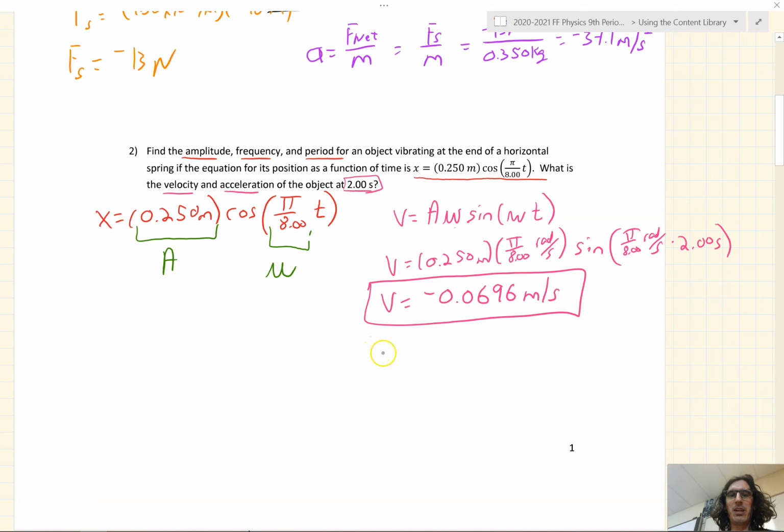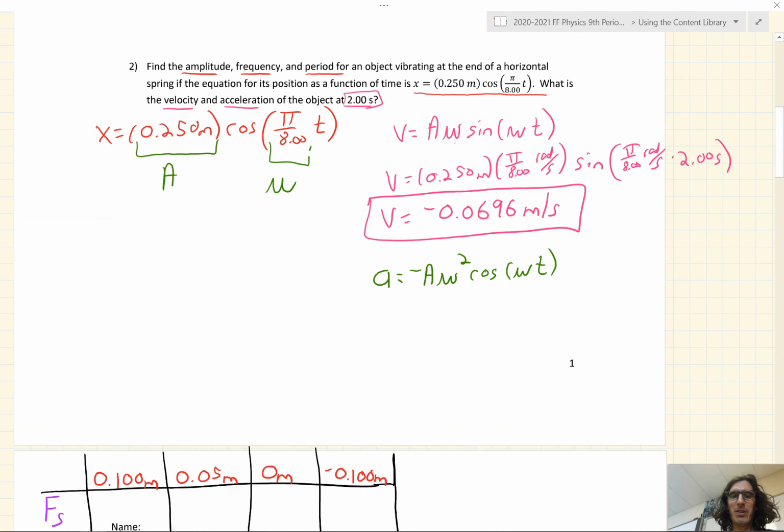To calculate the acceleration, we have to use our simple harmonic motion acceleration formula, which is a equals negative capital A omega squared cosine of omega t. Again, we'll plug and chug.